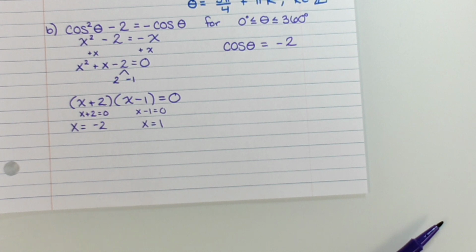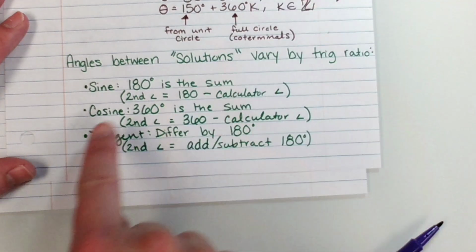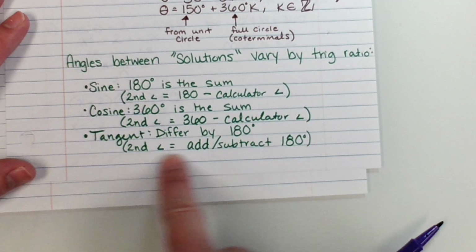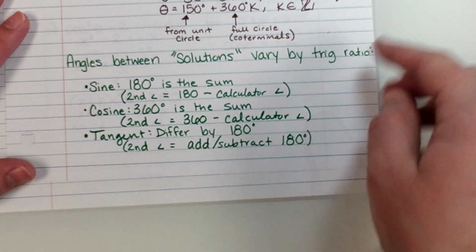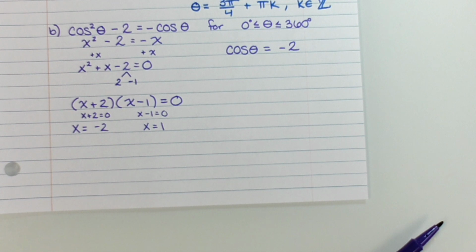Cosine is negative 2. When it's not a number on the unit circle, you might have to use your calculator, because there are going to be some numbers that aren't on the unit circle, and then you're going to have to use the calculator, and then you're going to have to work with these patterns. Negative 2 is not on the unit circle, but that's for good reason.